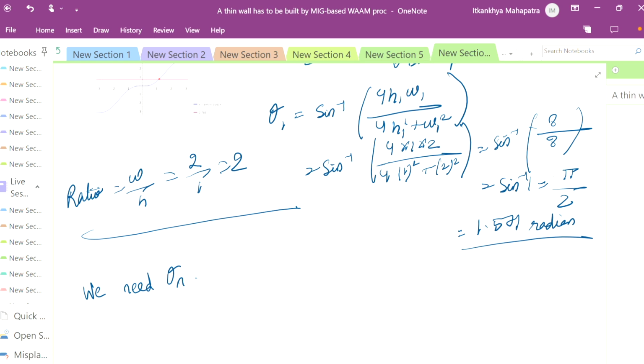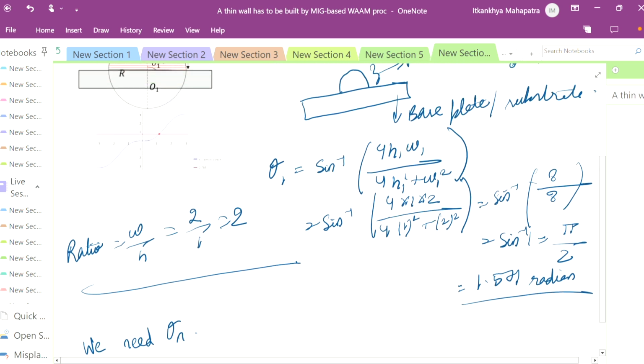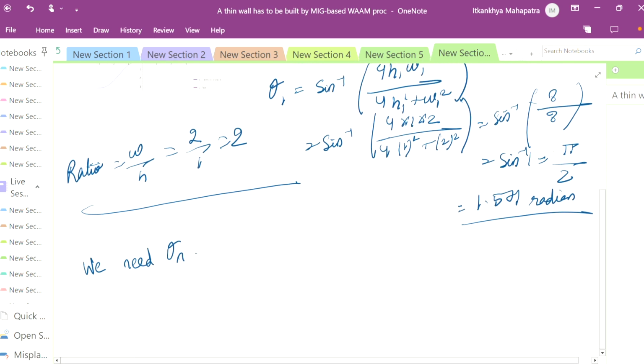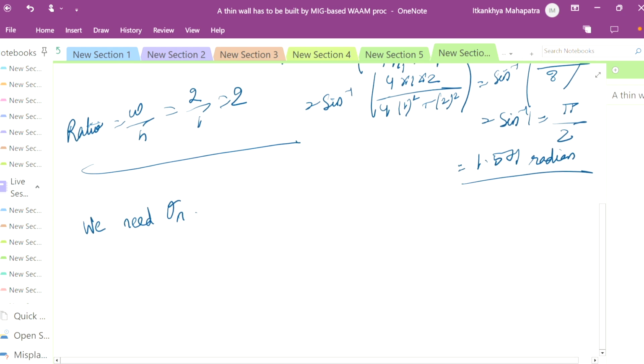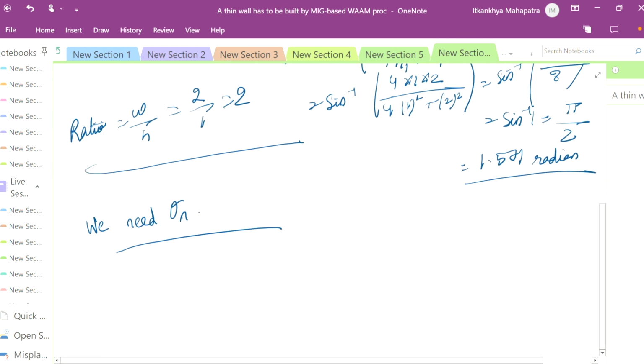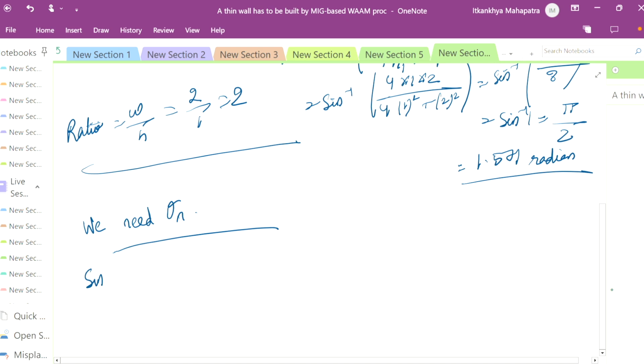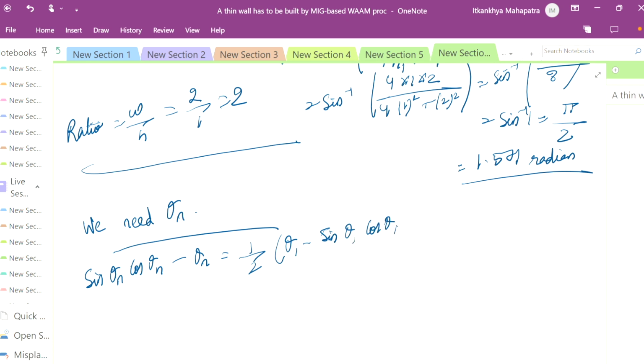For getting theta n, we have the formula: theta n minus sine theta n cos theta n is equal to half of theta 1, which we just found, times cos theta 1 minus pi.